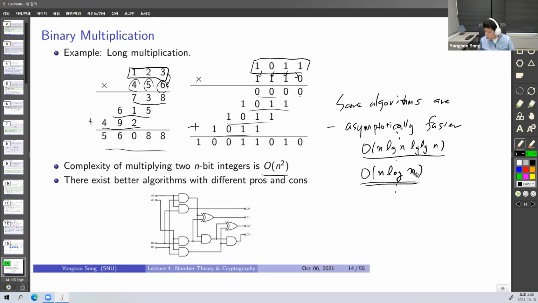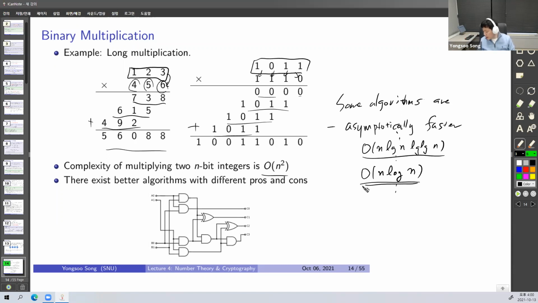If you install popular high precision arithmetic libraries, they usually provide several options internally. When you call a multiplication between two integers, they first check the size of the integers and then choose the best algorithm known for that size of input.